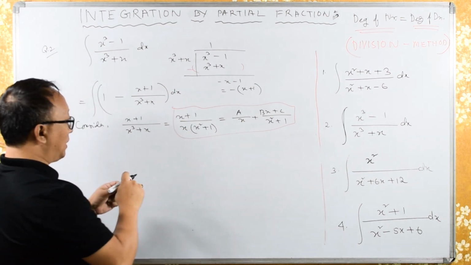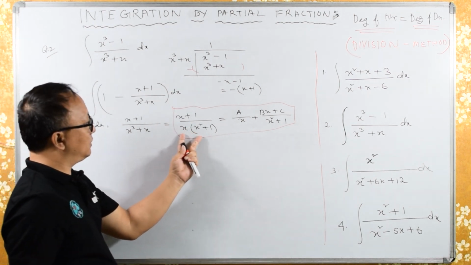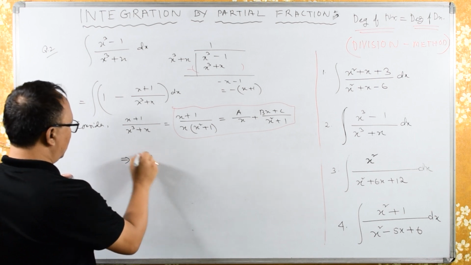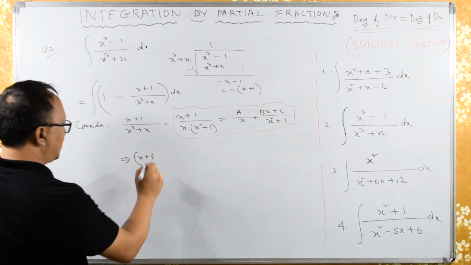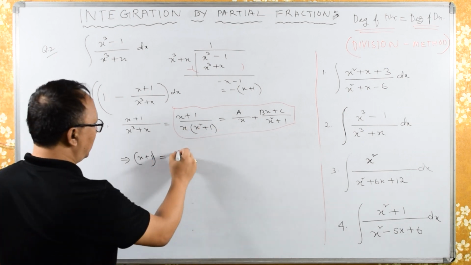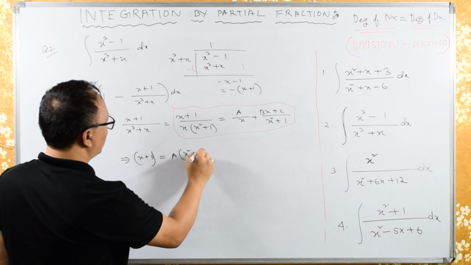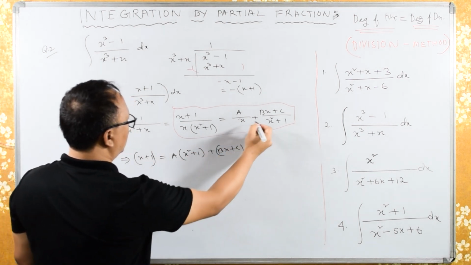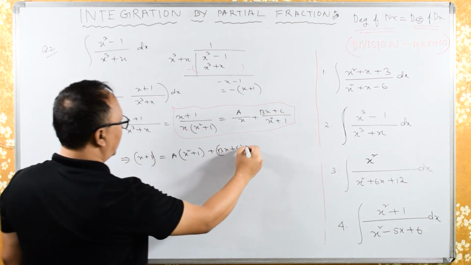Now let's consider this part. Multiplying on both sides, what we have is x plus 1, because this term and this term get cancelled, equals A into (x square plus 1) plus (Bx plus C) into x, as x square plus 1 gets cancelled.